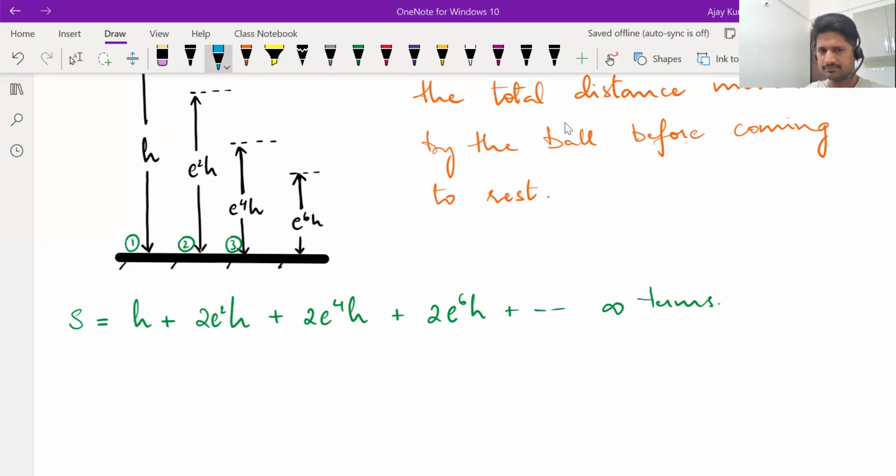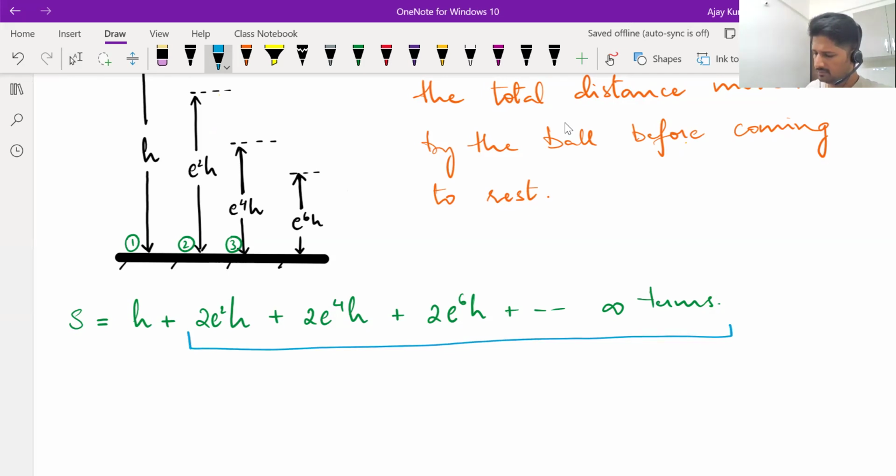So e square, e power 4, e square, e power 4 and so on. But there's a 2 term also. The first term doesn't have 2. So what you can do is put the first term h aside. You look at the remaining terms in this sum.